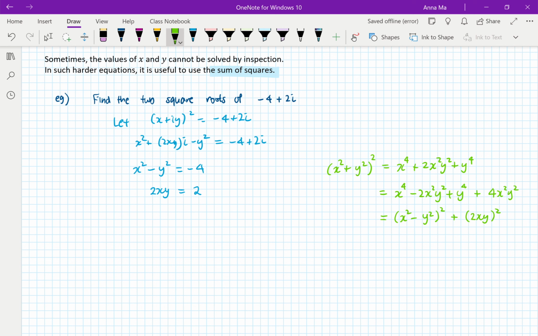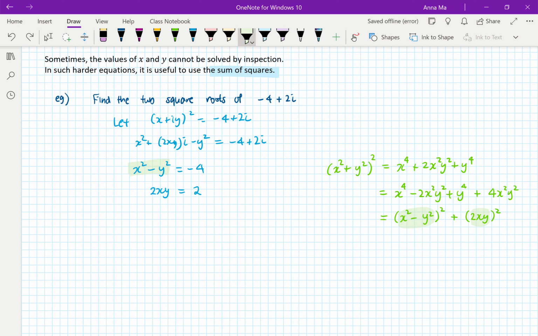And hopefully you now see the reason why I've done that, because that expression can be written as this expression and this expression, which are the expressions that we get in the equation, and we need to solve that simultaneously.